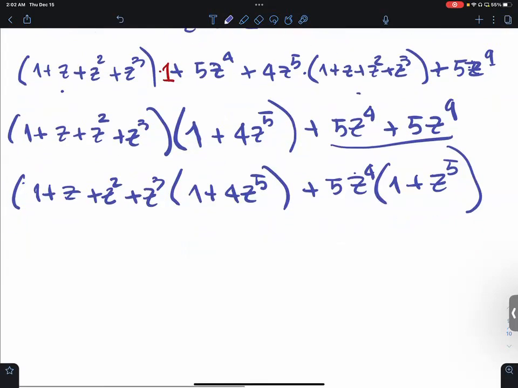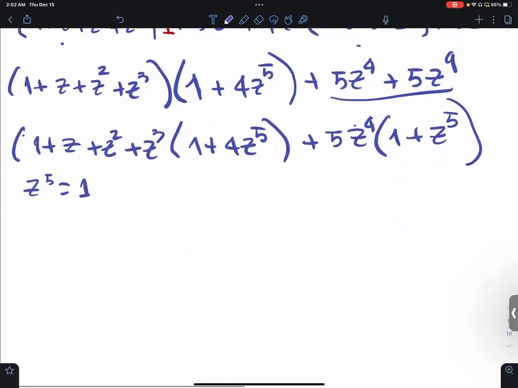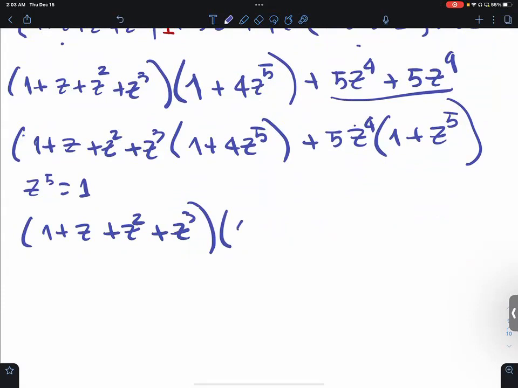And now remember, z to the 5th power equals 1. Therefore, I will have 1 plus z squared plus z to the 3rd times 1 plus 4 times 1 plus 5z to the 4, and here 1 plus 1, which is 2.